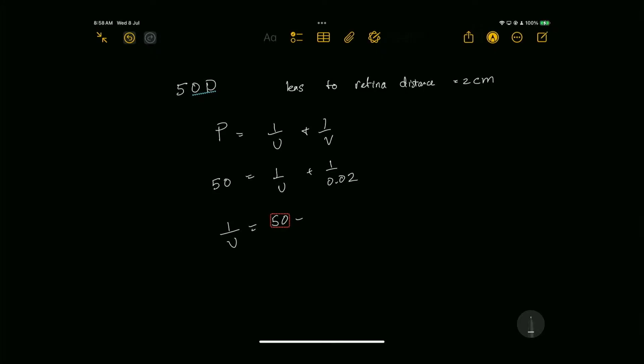Okay, let me change this question because otherwise it wouldn't really make sense. So it would be 52 diopters, right? So this will be equal to 2. Therefore, 1 over U is equal to 2, so U is equal to 1 over 2 meters, which is 50 centimeters. Right?